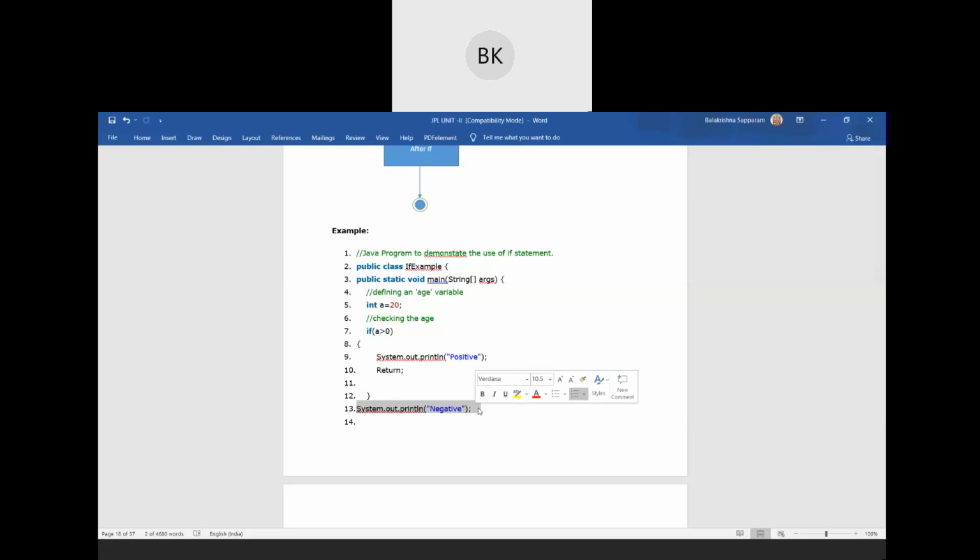Whenever your work has finished, then return from your program. No need to execute the remaining statements. Once you know this is a positive number, what is the need to execute the rest? What is the final intention of your program? To find out whether the given number is positive or negative. Once you finish the positive, what is the need to check for negative? That is positive, so just return.